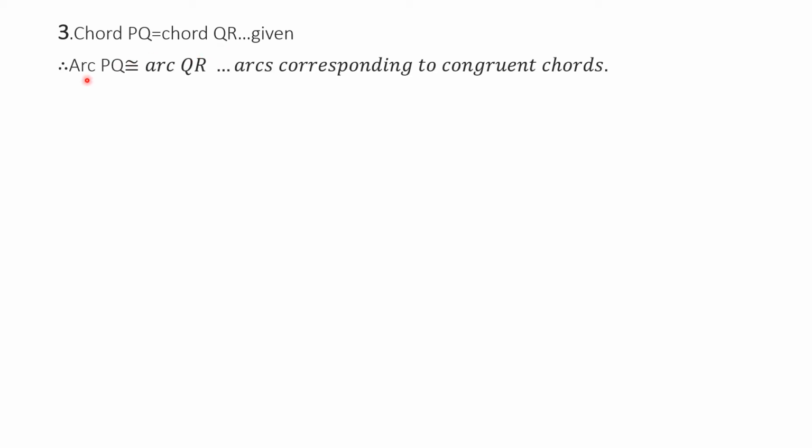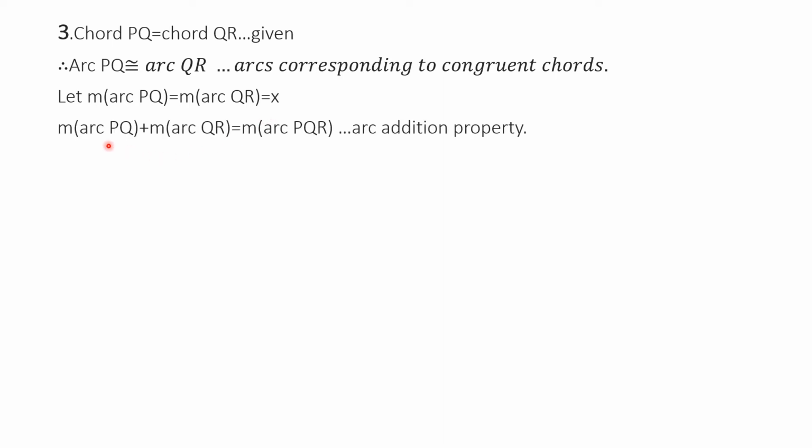Then, chord PQ is equal to chord QR. It is also given. Therefore, arc PQ is congruent to arc QR. Reason, arcs corresponding to congruent chords. Now, let measure of arc PQ is equal to measure of arc QR is equal to x. Therefore, measure of arc PQ plus measure of arc QR is equal to measure of arc PQR by arc addition property.